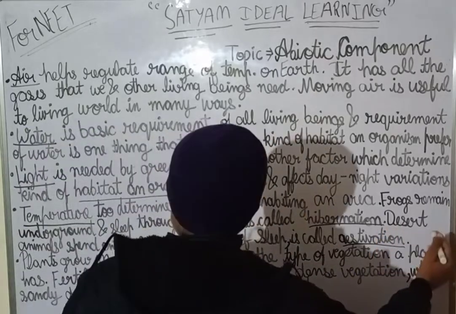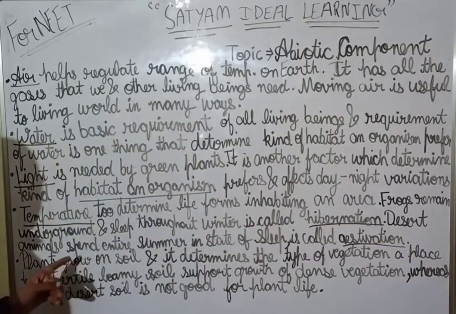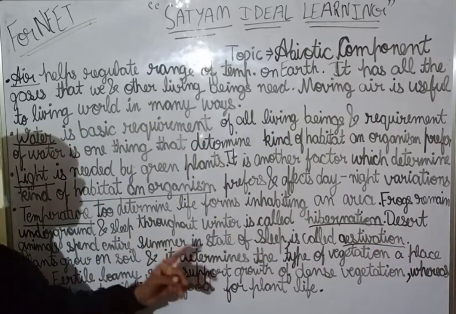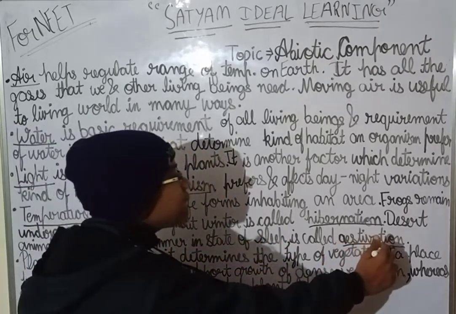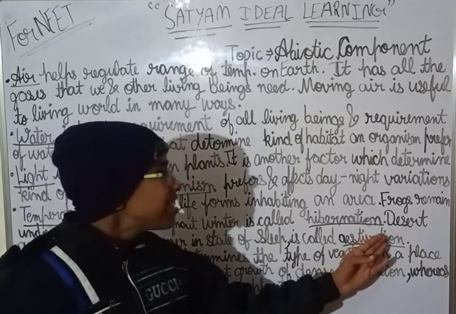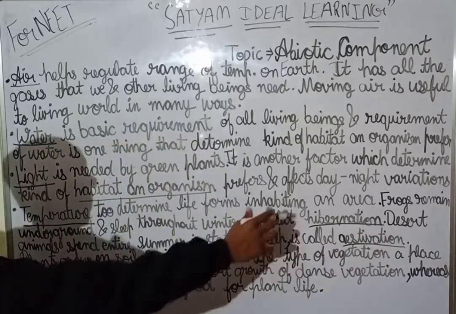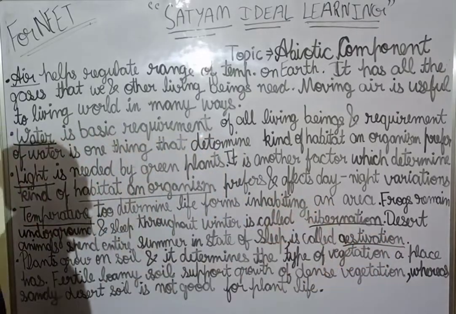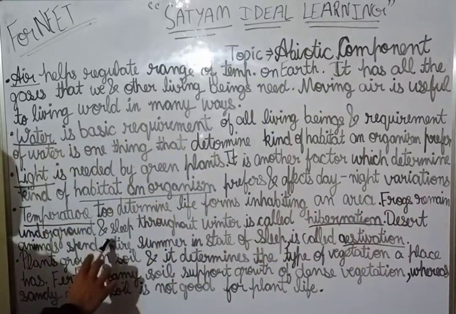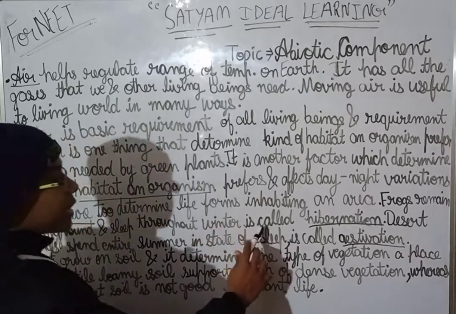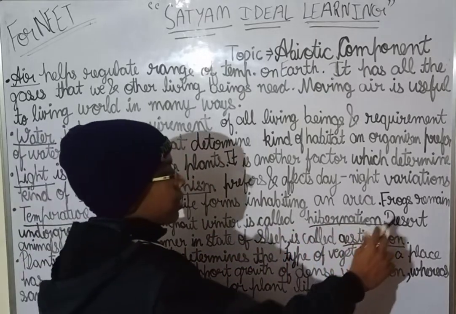Desert animals spend the entire summer in a state of sleep, which is called estivation. You have to remember hibernation and estivation. I am repeating the definition once more. Frogs remain underground and sleep throughout the winter, and this is called hibernation.